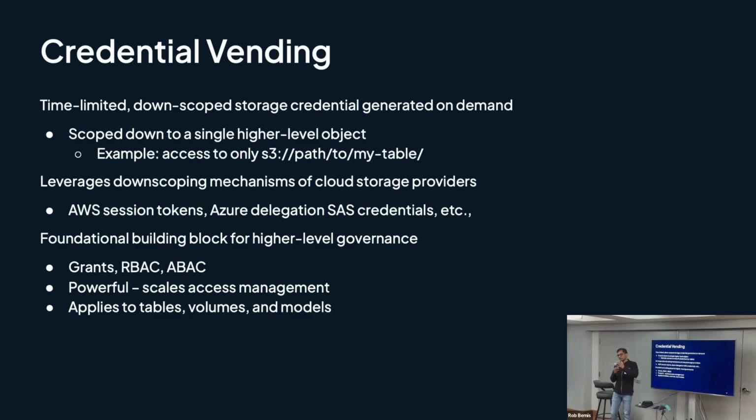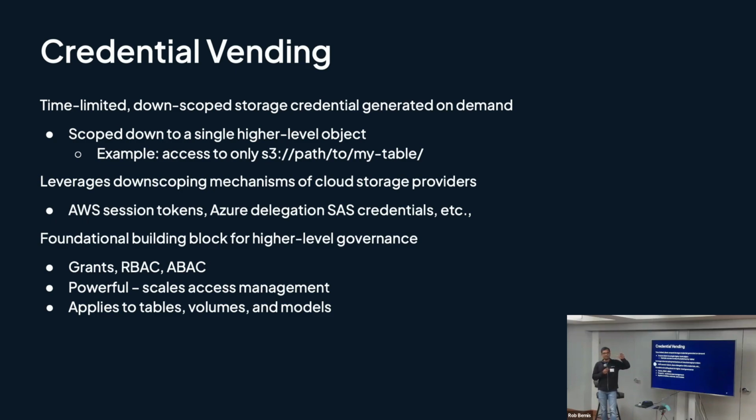The way this works is the user sets up Unity with access to all of the storage and defines policies in Unity. For example, it could be SQL grants. Later on, it could be more advanced policies like ABAC. When the engine comes in and asks for access to a particular table, Unity will vend a temporary credential just for that table and give it to the engine so that it gets access.